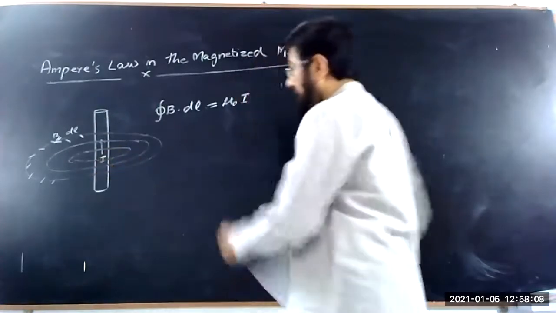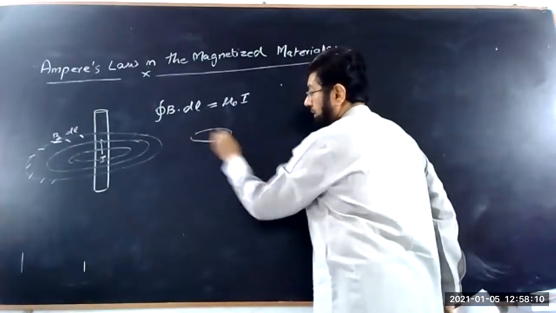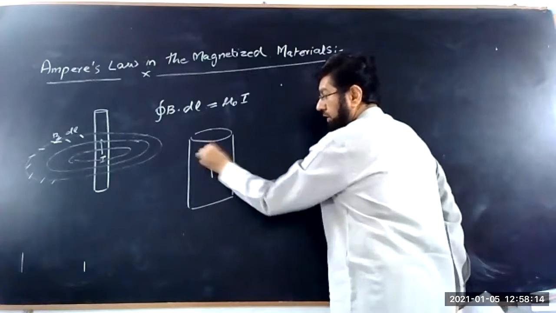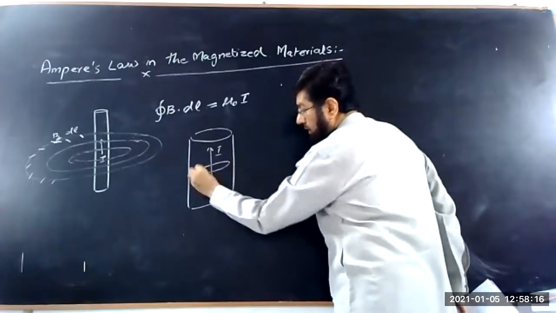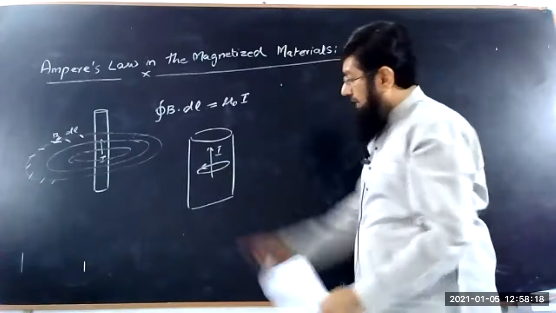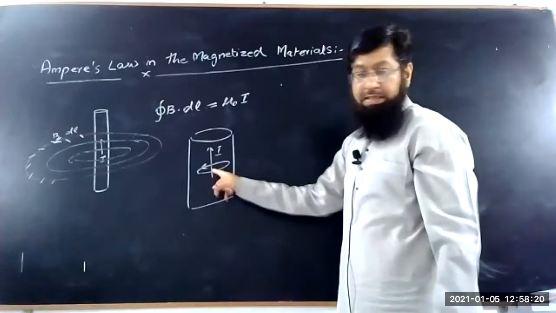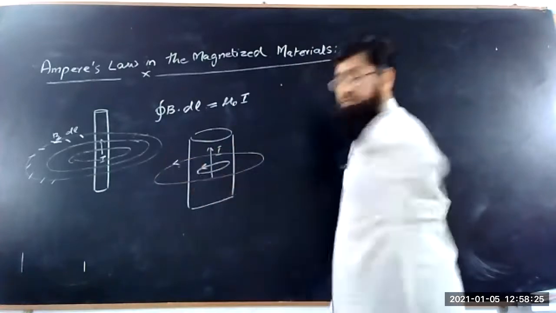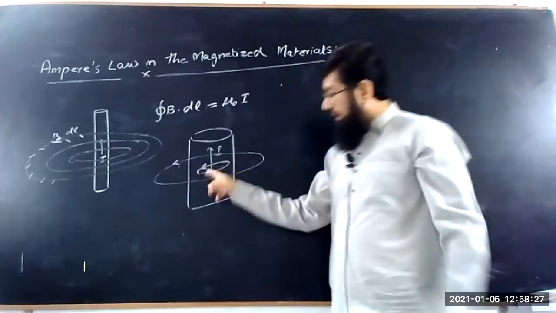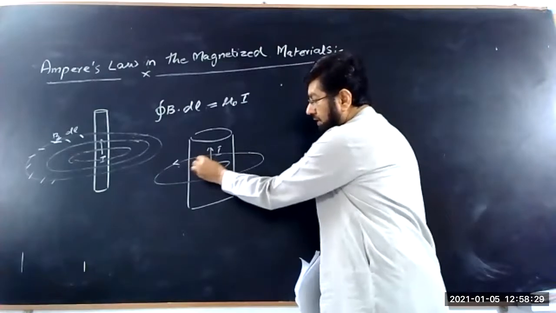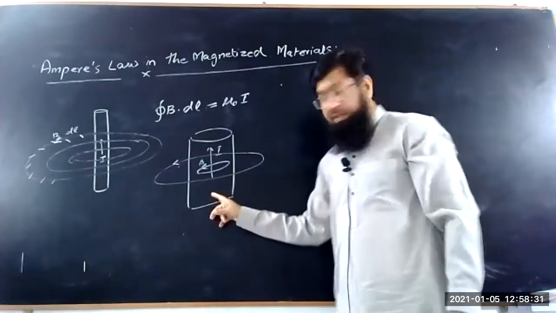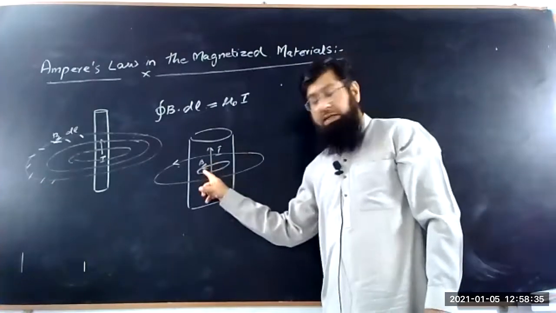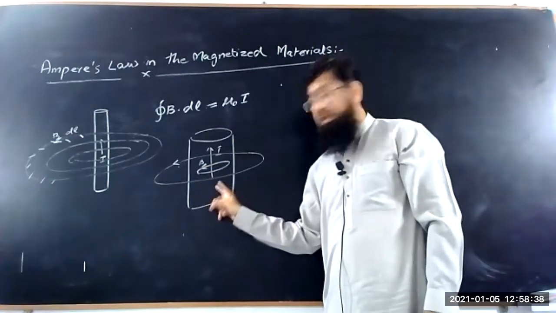If we take a thick wire and current flows in it, the magnetic field is produced inside the wire and also outside the wire. If the material of the wire is magnetizable, the magnetic field produced inside can magnetize this material.